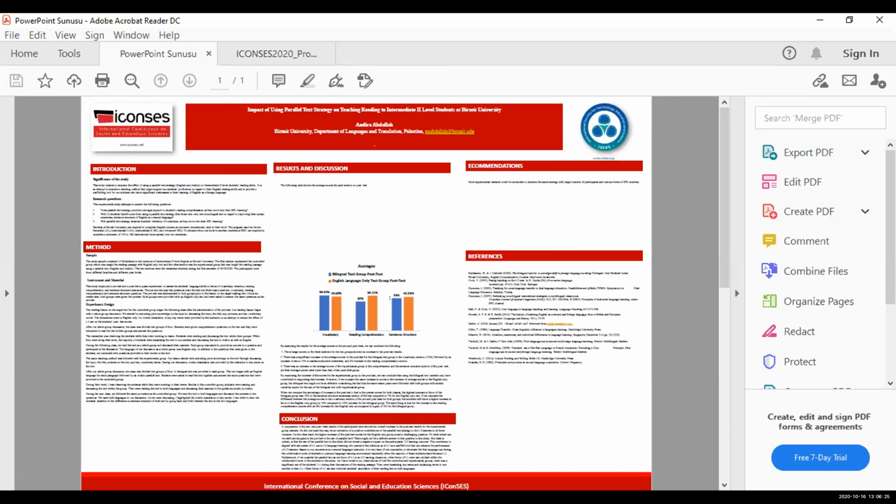Therefore, I recommend that more experimental research be conducted on the impact of parallel text with larger numbers of participants and various levels of English as a foreign language learners.